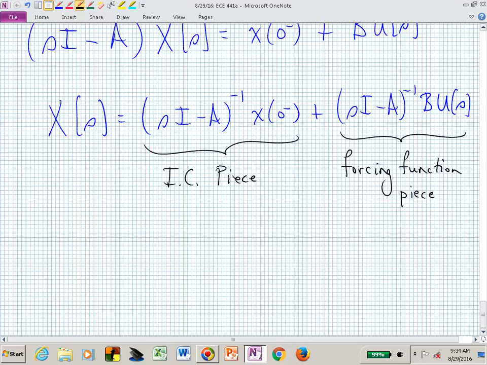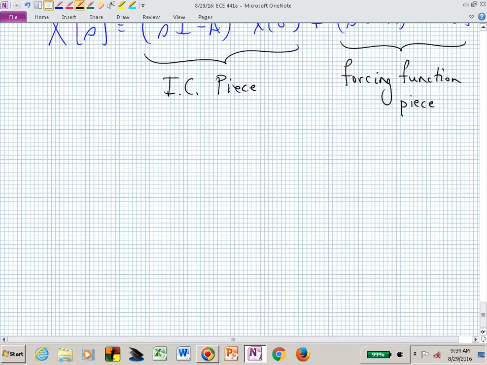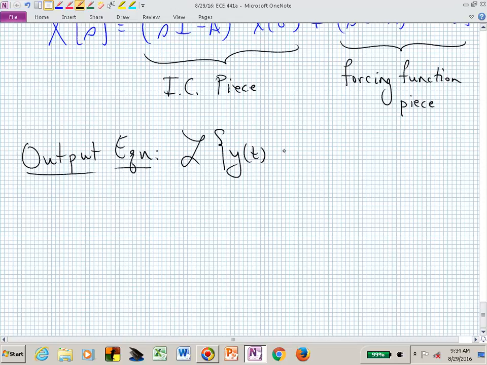Or maybe I want to write this in terms of my output, so that now I need to start with the output equation. Since at some point I need the relationship between the input and the output, I now Laplace transform the output equation, which is the Laplace transform of y equal to the Laplace transform of Cx(t) plus Du(t).